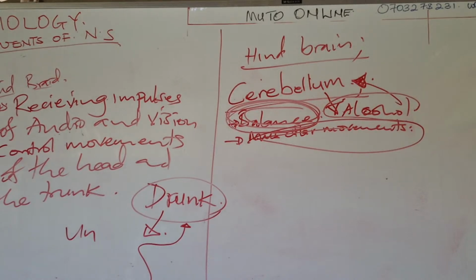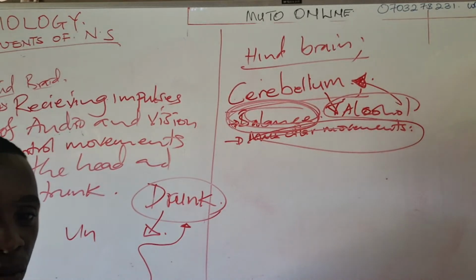It regulates heartbeat and the breathing rate. It causes or initiates coughing because it is an autonomic response by the body. Sneezing is also an autonomic or automatic response by the body. We do not have control over them. So in short, the medulla oblongata controls and coordinates involuntary responses by the body.